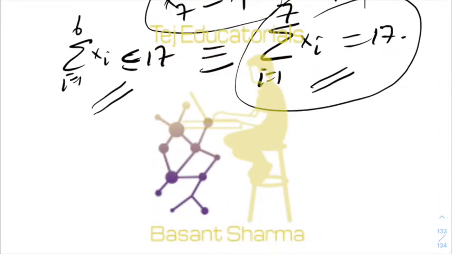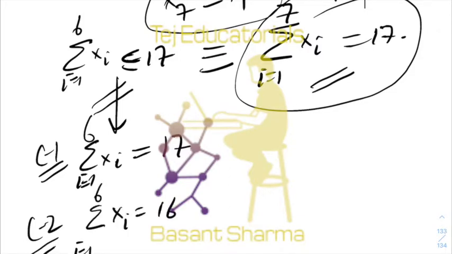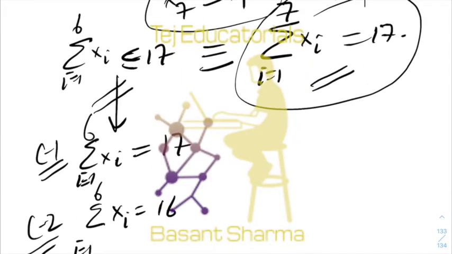By the way, another way to think about it is this. Case 1 is when summation xi, i equal to 1 to 6, is equal to 17. Another mutually exclusive case is when the summation of xi, i equal to 1 to 6, is equal to 16. This is equivalent to saying that x7 is 0.